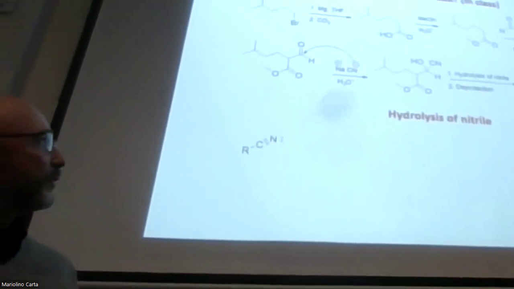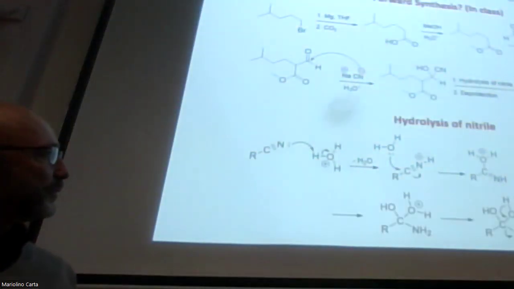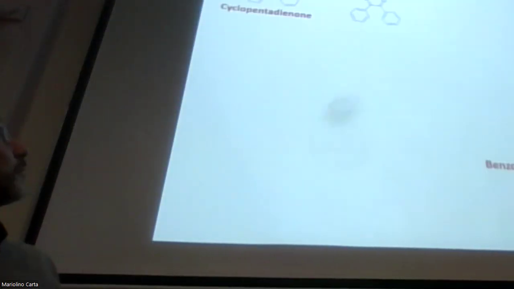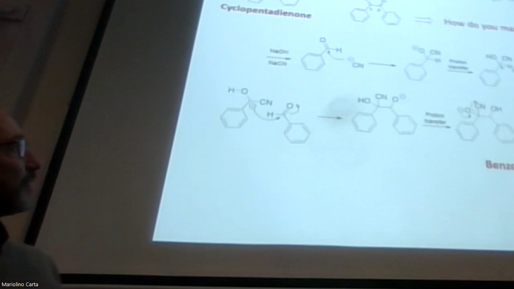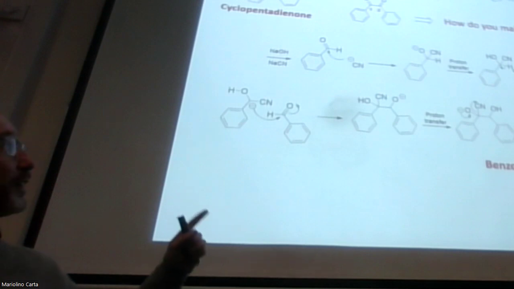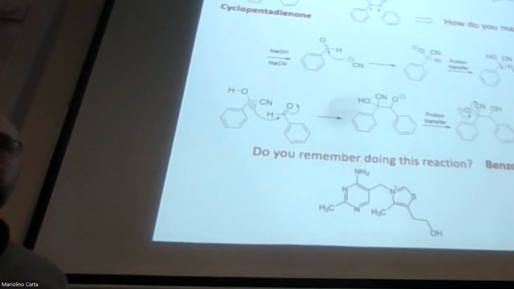So the umpolung reactions can be done with the nitriles, but can be done with, do you remember what did you use in the lab? We will do that in a while, but this is what I wanted to tell you. Do you remember this one? You used that in the lab.